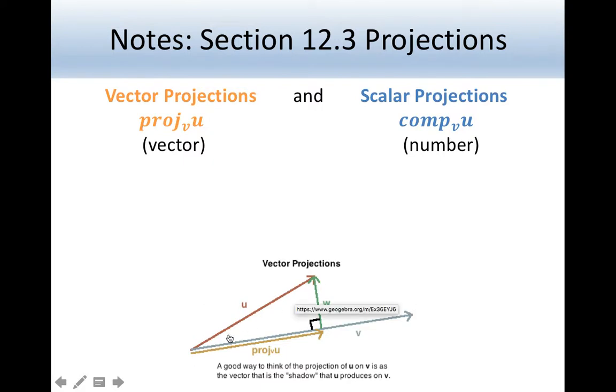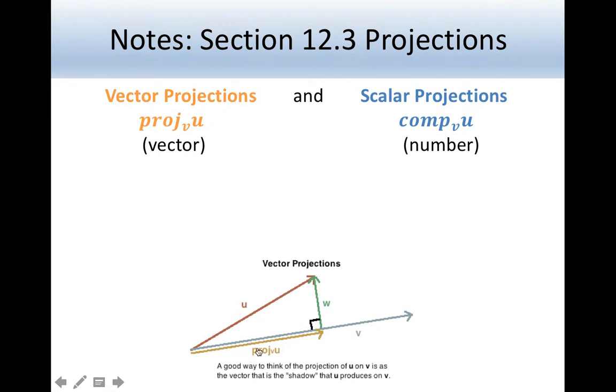If I'm given vector u, every vector has its horizontal and its vertical component. So I've drawn the horizontal component v, and I've drawn the vertical component w. Those are the components that make up u: if you add v plus w using vector addition, you get u.